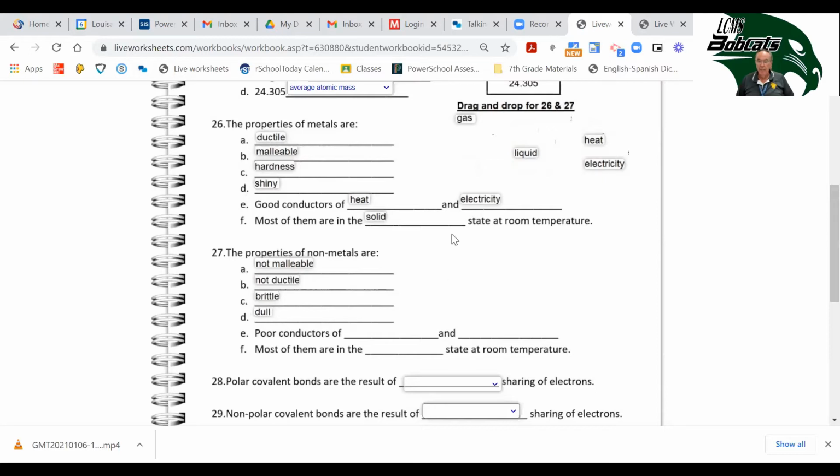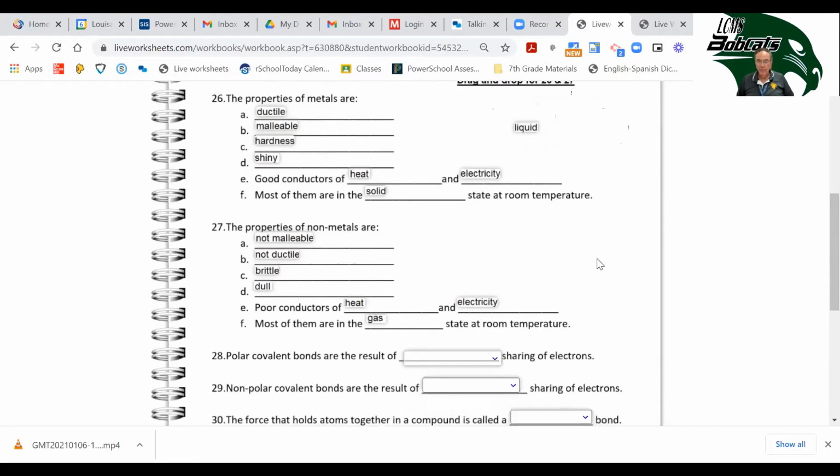They are the exact opposite. They're poor conductors of heat and electricity. And most of them, when we look at the periodic table, all the way over there on the right-hand side, nitrogen, oxygen, fluorine, chlorine, and all the noble gases, most of them are in the gas state at room temperature.